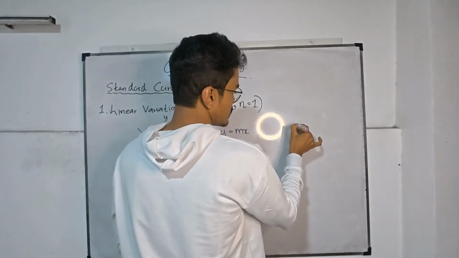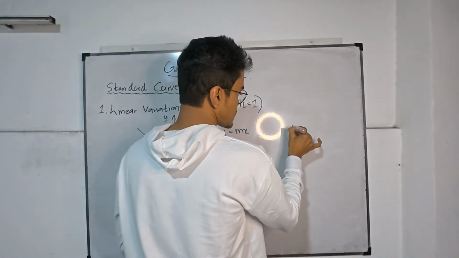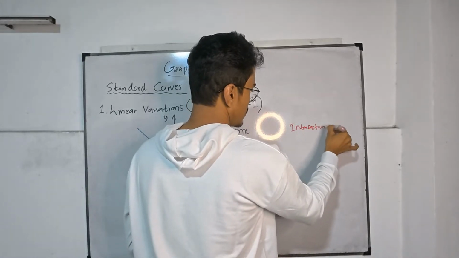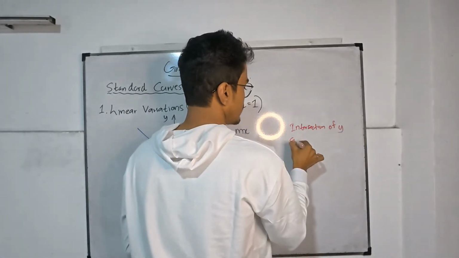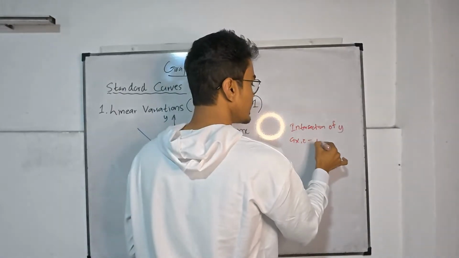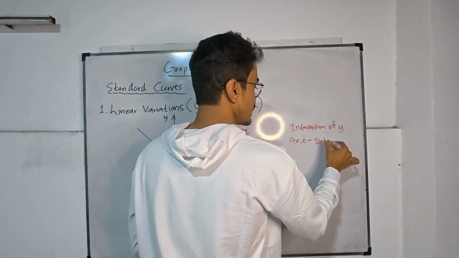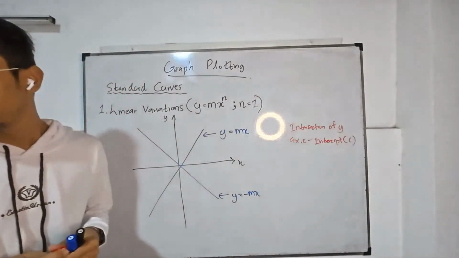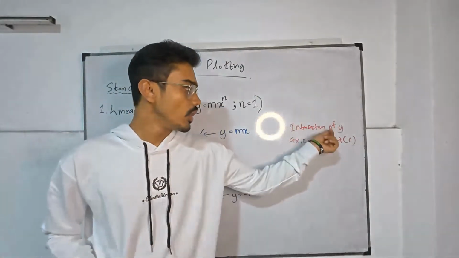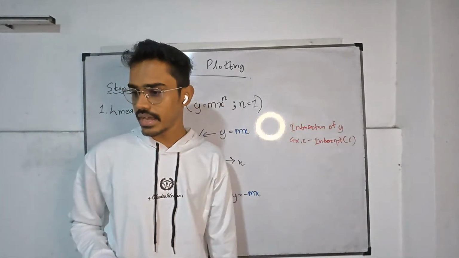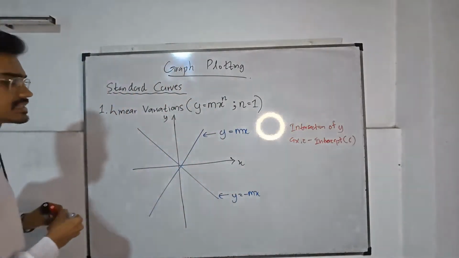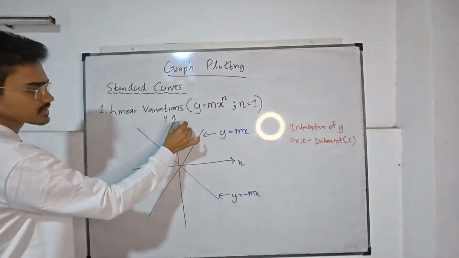We call the intersection of the y-axis the intercept, and it is denoted by c. Now, if I add c for these linear variations, this is how it goes.